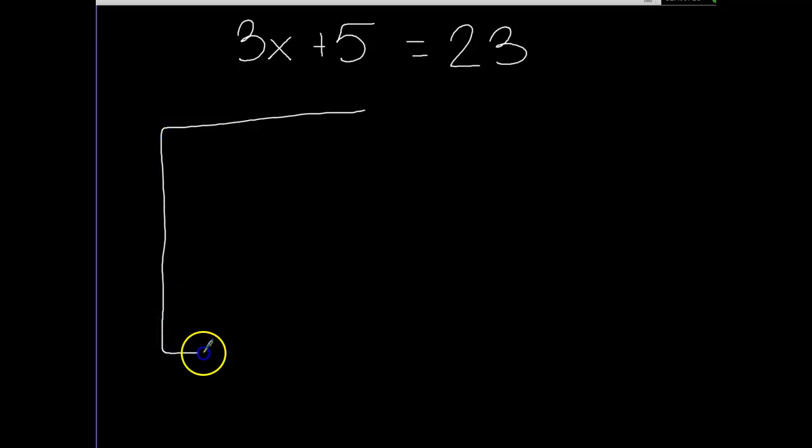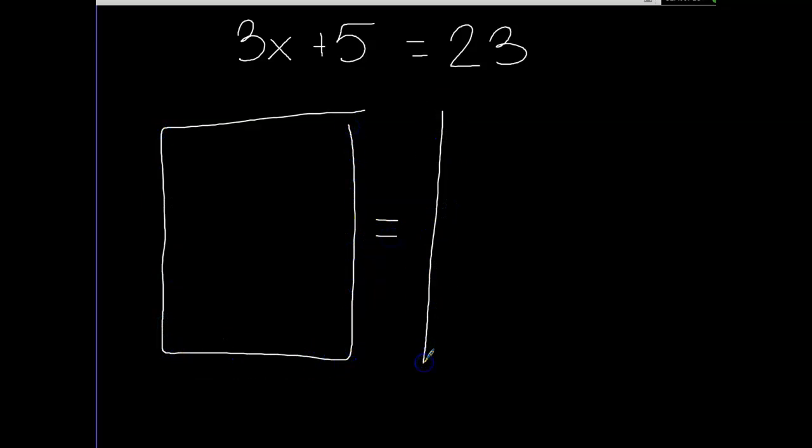So for our first equation, we're going to have 3x plus 5 equals 23. So if you remember from yesterday, we did have these boxes. Then we had an equal sign and our other box. So then we drew out what we started with. So I have 3 x's.